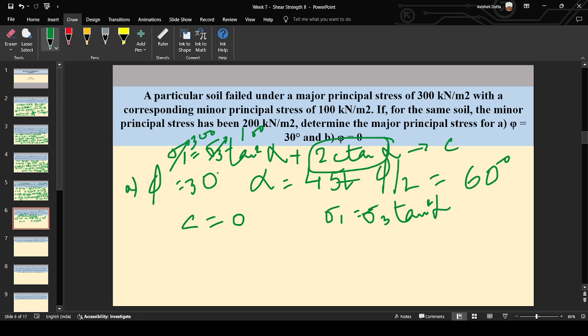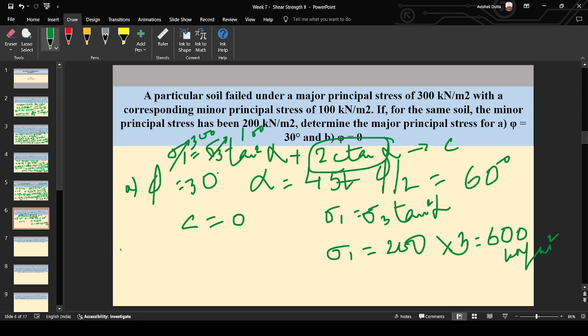If the minor is 200, then sigma 1 becomes 200 tan square alpha. Tan square alpha is 3, which gives us a value of 600. The second part was to find the value of the major stress when the minor is 200.